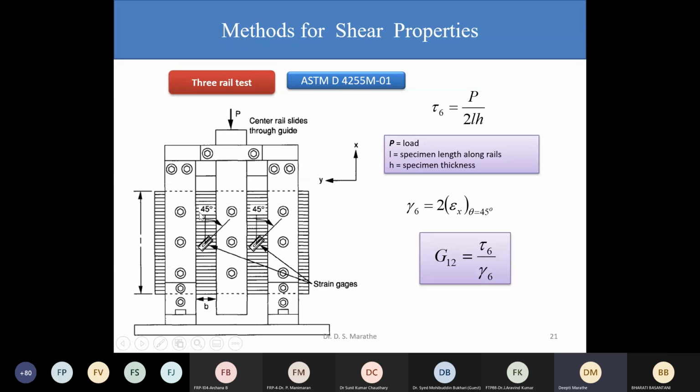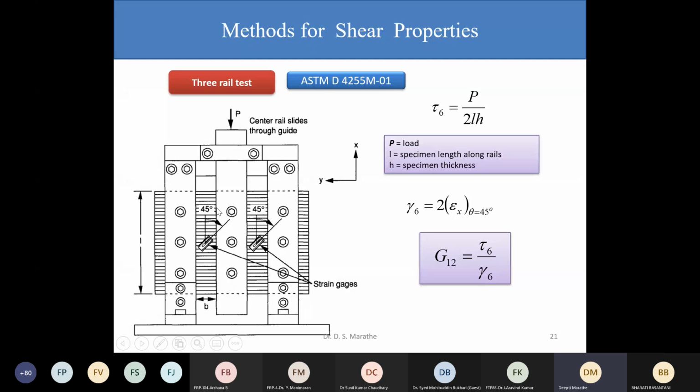So what is done is a compressive load is applied. Now when you see that this compressive load is applied here, naturally these are going to be the faces or edges where the sample is going to experience shear. So then how will I find out shear?